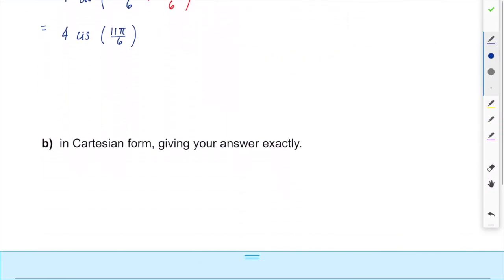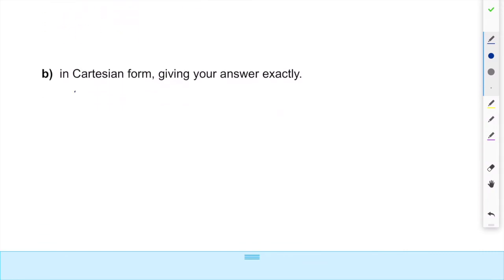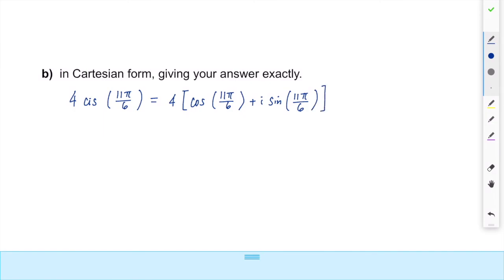So part B of this question says in Cartesian form, give your answers exactly. So that really means that we're going to rewrite 4 cis 11 pi over 6 in Cartesian or rectangular form. Okay, so this means that I'm going to have 4 cos 11 pi over 6 plus i sine 11 pi over 6. Like that. So where exactly are we? 11 pi over 6 is 12 pi over 6 minus pi over 6.